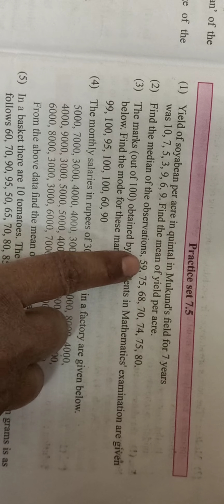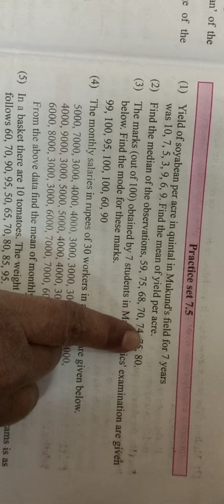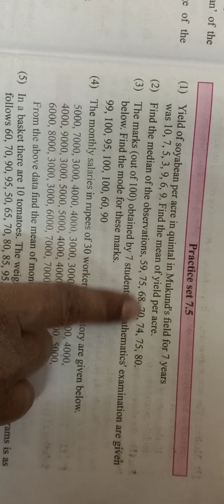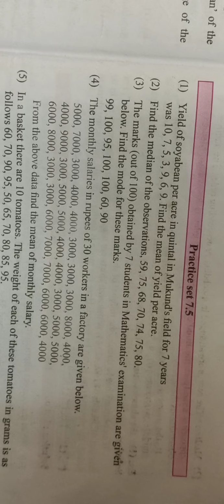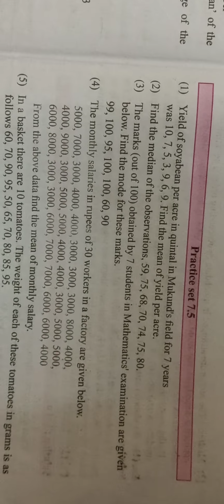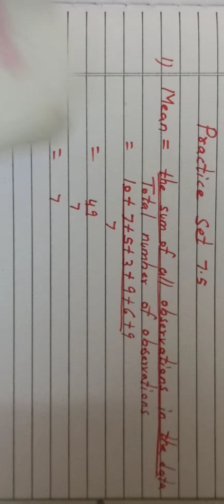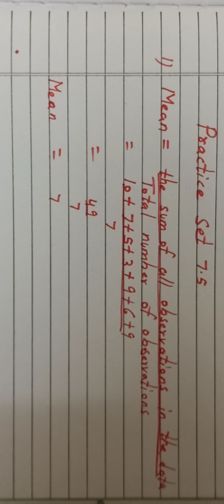So here, 1, 2, 3, 4, 5, 6, 7. The number of scores n is equal to 7, it is odd. So you will exactly get the score in the middle position. We will start by writing the scores in ascending order.